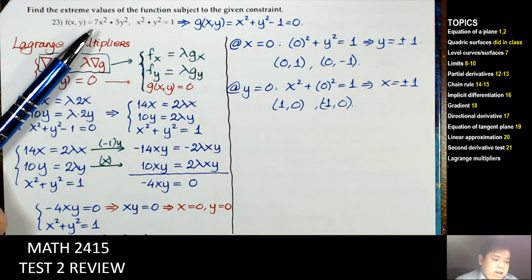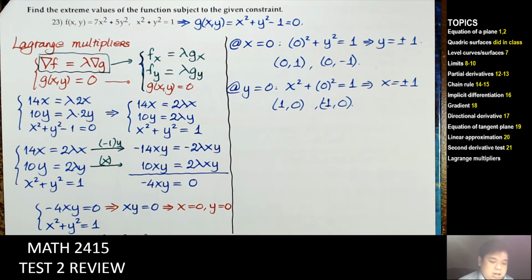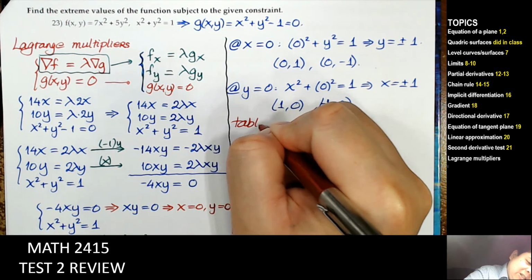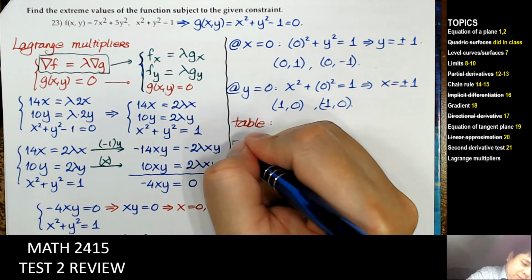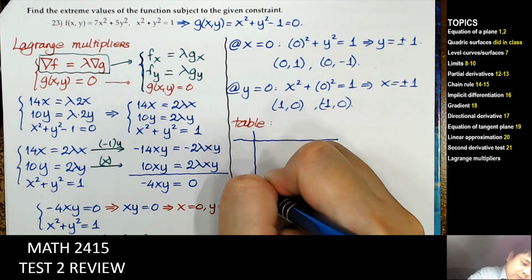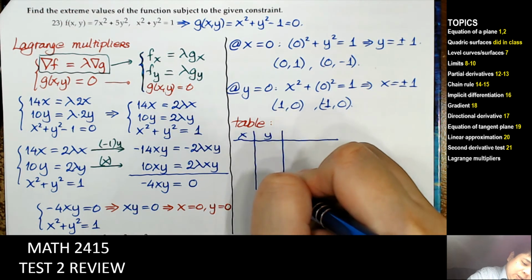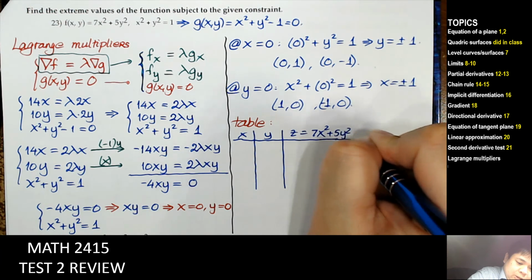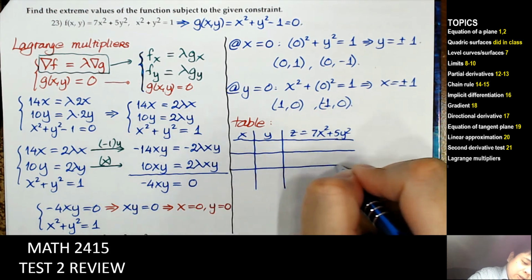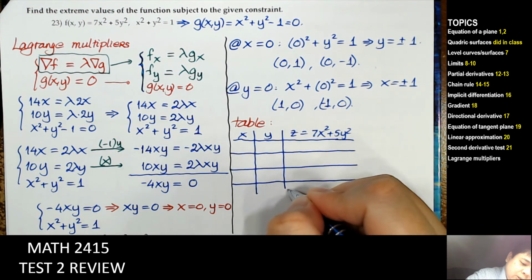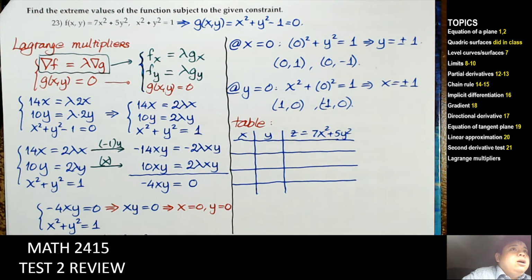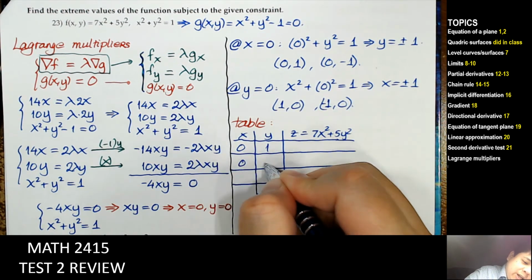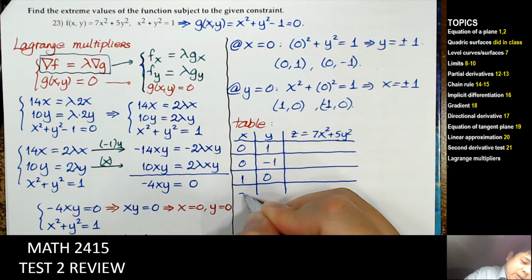We have the function 7x squared plus 5y squared and then evaluate at the points. Alright, next, let's just make a little table. x, y: 0, 1; 0, negative 1; 1, 0; negative 1, 0.